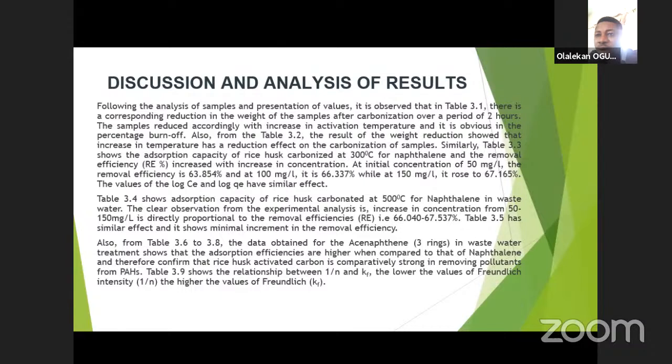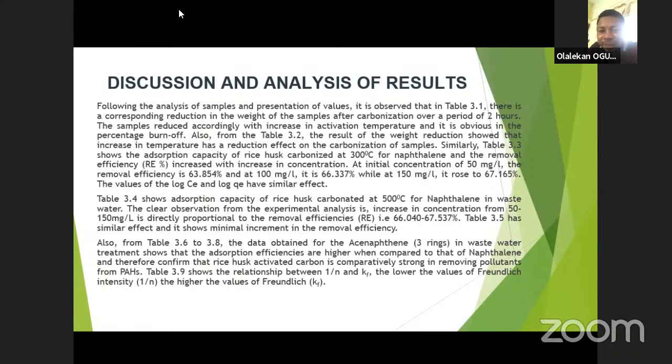So conclusively, sir, we were able to draw the following conclusion: that the treatment of organic pollutants in wastewater using activated carbon produced from rice husk, which is a local biomass from agricultural waste, was experimented, and based on the analyzed data and results from the research, it was observed that locally made activated carbon, when produced under standard conditions, can be used to treat the wastewater.